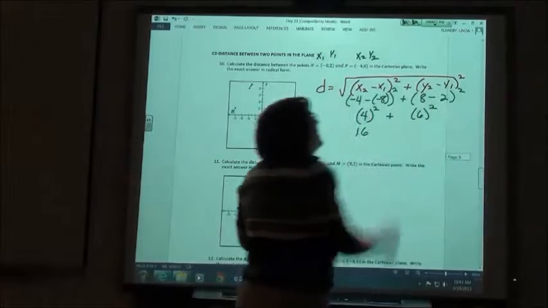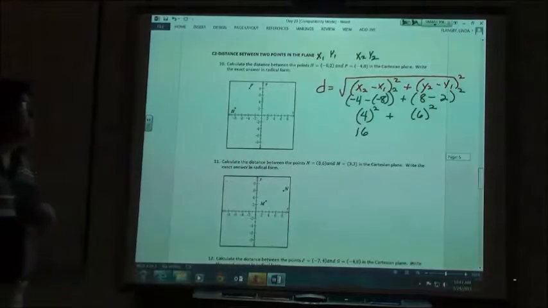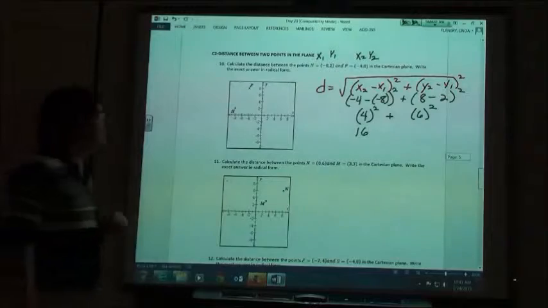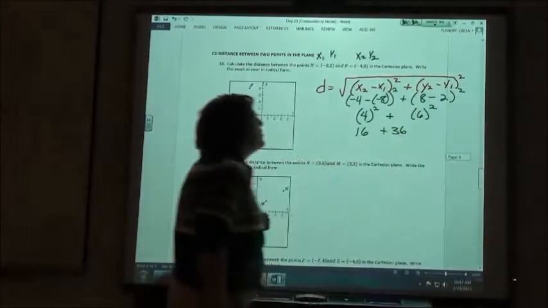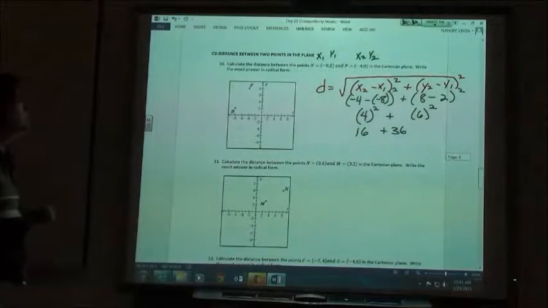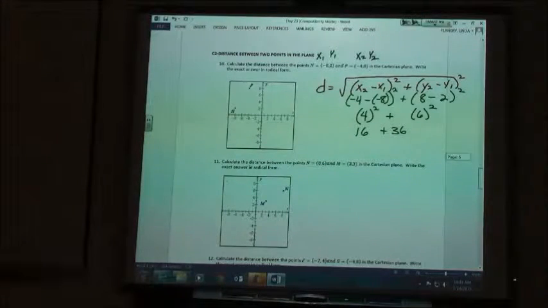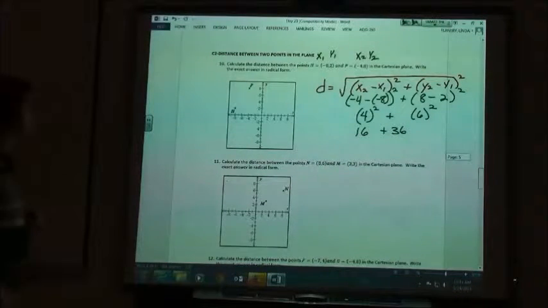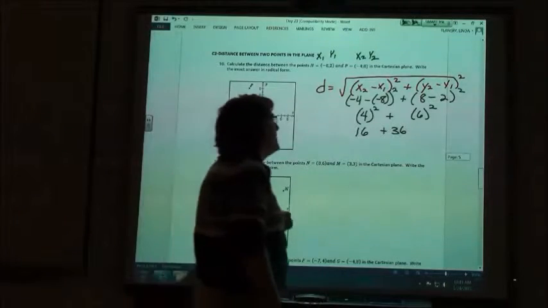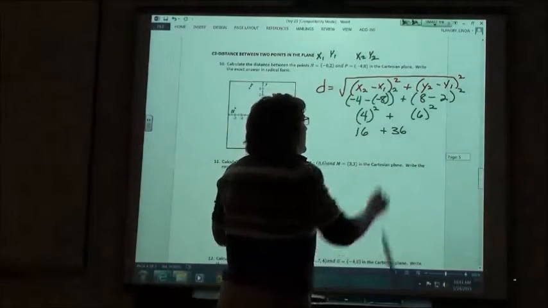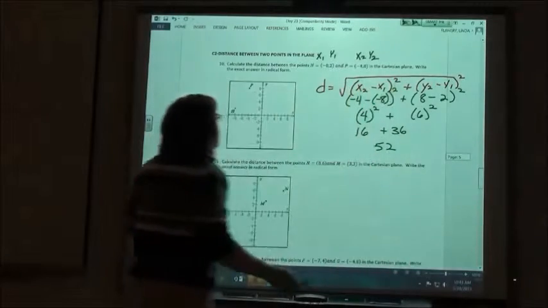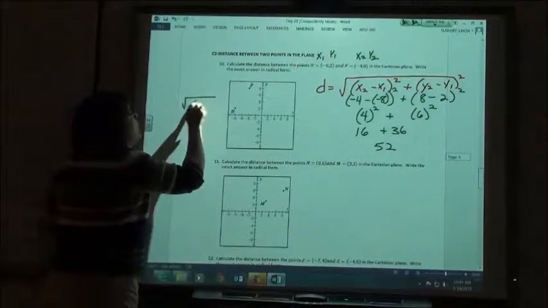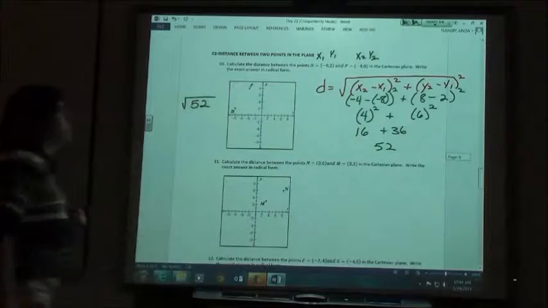Now we're going to square it. 36. So now we have 16 plus 36, which is 52. So all that's under the square root of 52.